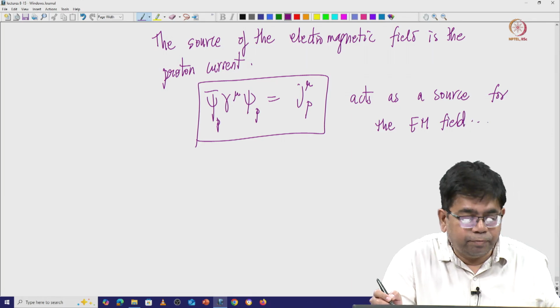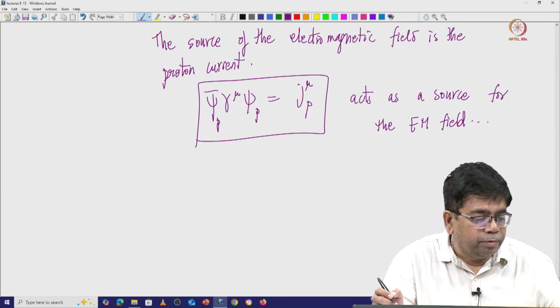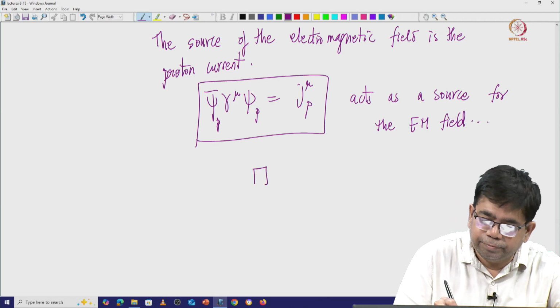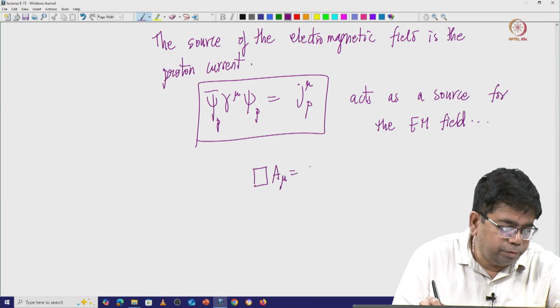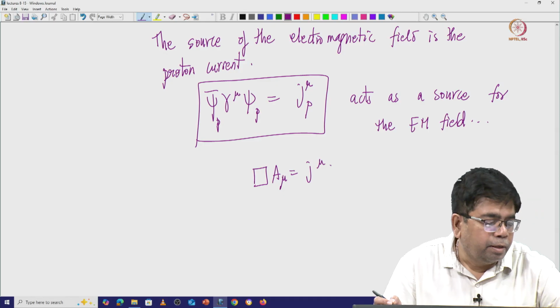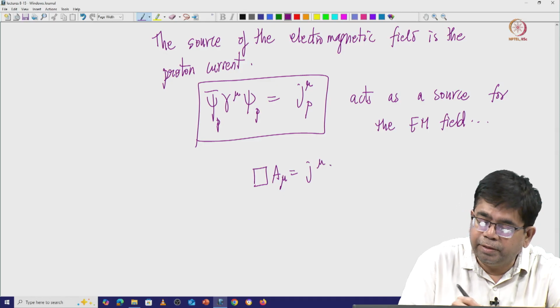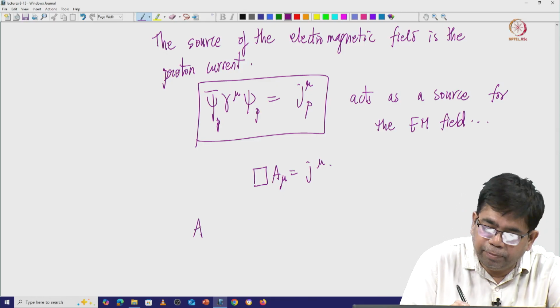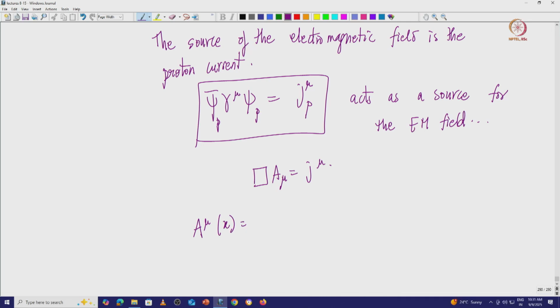And the equation of motion for A mu would be box A mu is equal to J mu, and so you have the differential equation essentially A mu of x is equal to the integral d^4 y of D_F(x minus y) j mu of y, and this D_F is a Green's function of the photon field.